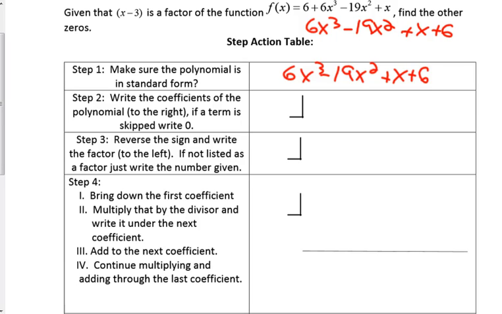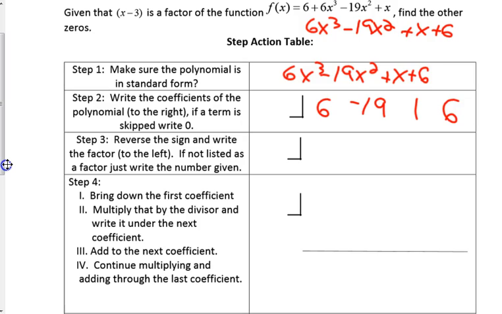So what are the coefficients? 6, negative 19, 1. Watch your signs, please. You need to carry the sign down, Jose. Stop talking to Ashley. She needs to concentrate.